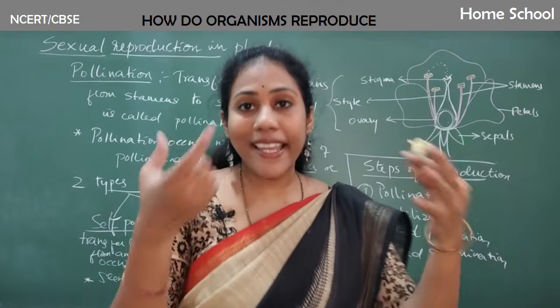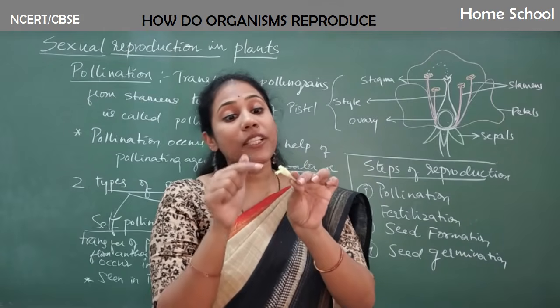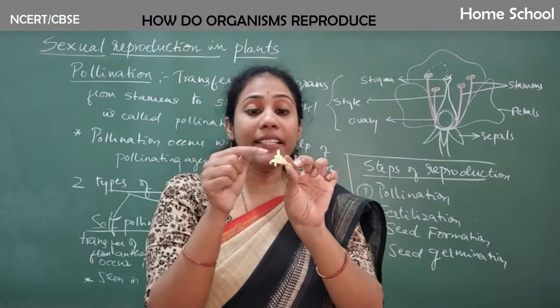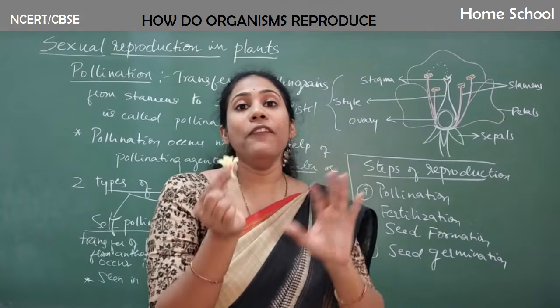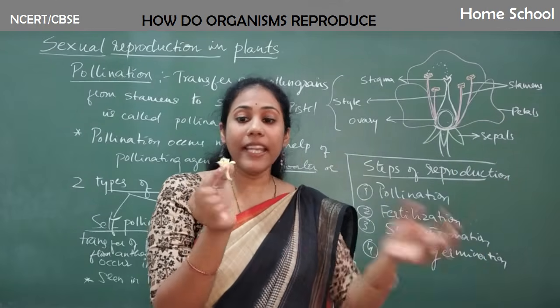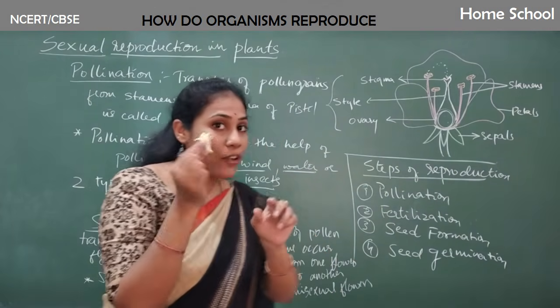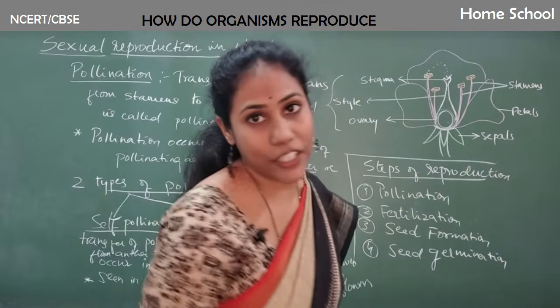So where is the egg? Where is the female germ cell? In another flower maybe. So the stamen is only here, right? So the pollen grains have to travel from this flower to the female flower which has the ovary as well as the egg. So this transfer of the pollen grains from one flower to another flower is called cross-pollination.